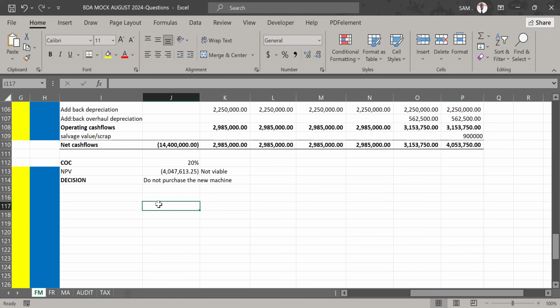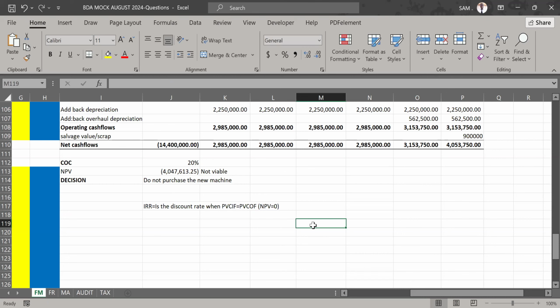NPV is equal to zero. So IRR is the discount rate at which the present value of cash inflows will be equal to the present value of cash outflows. In other words, NPV is equal to zero. Simple interpretation.